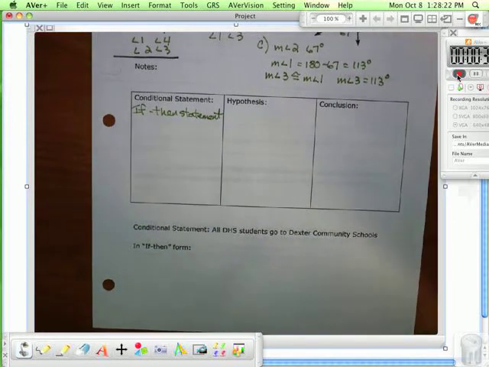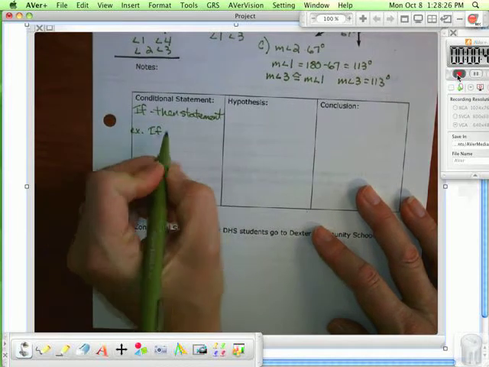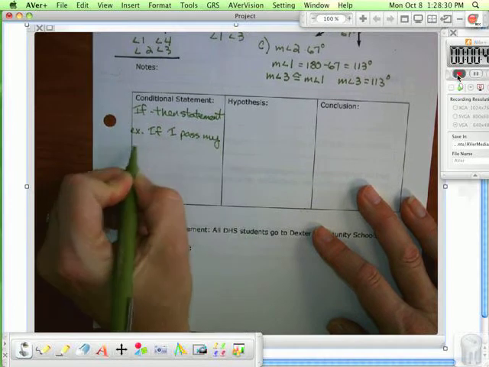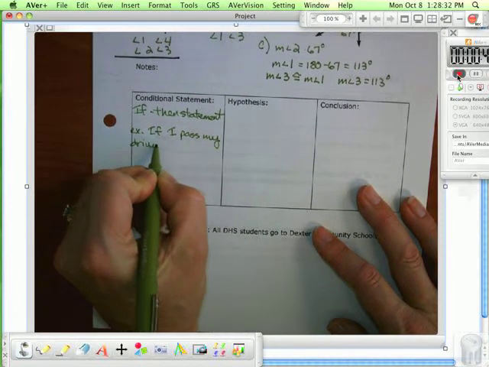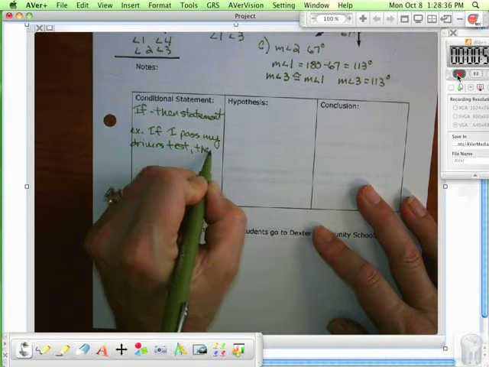Okay, conditional. For example, if I pass my driver's test, then I will get my license.